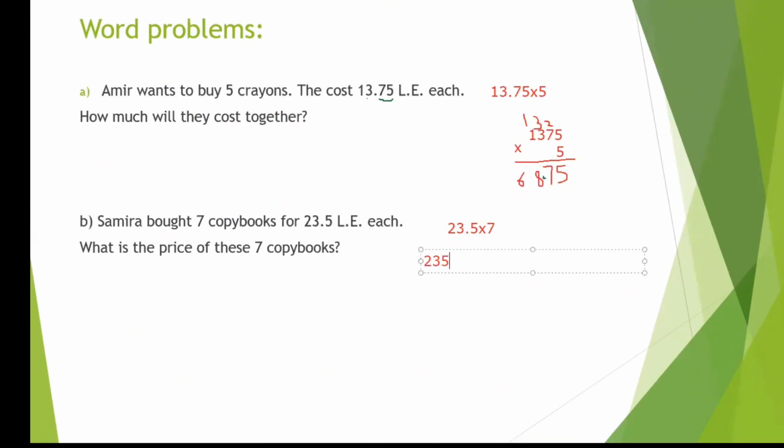First, ignore the decimal point, then multiply 235 by 7. 5 times 7 equals 35, put 5 and carry 3. 3 times 7, 21, plus 3 equals 24. 4 and carry 2. 7 times 2, 14, plus 2, 16. Now we have to return the decimal point. We have a decimal point after one digit, so I have to return the decimal point after one digit.